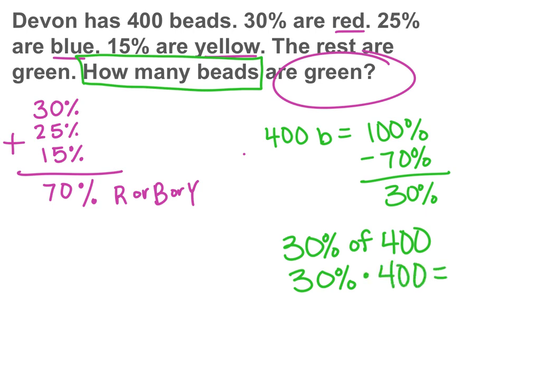There's a percent button. If you can't find your percent button, ask somebody close to you where it is to point out. And I got 120 for green.